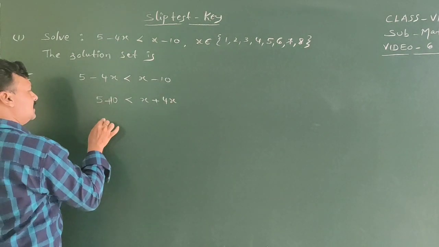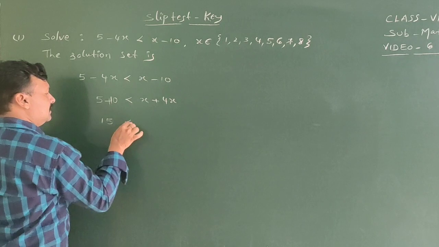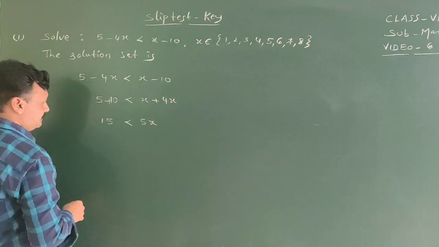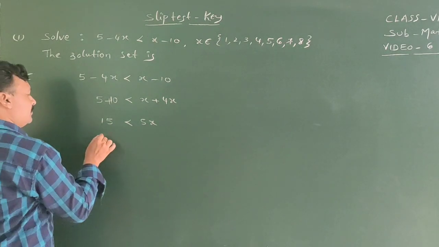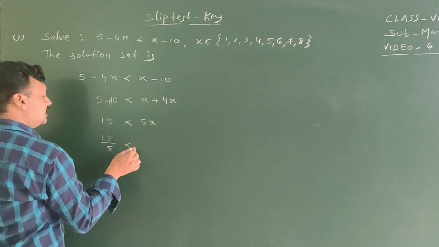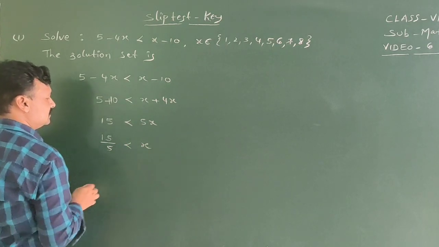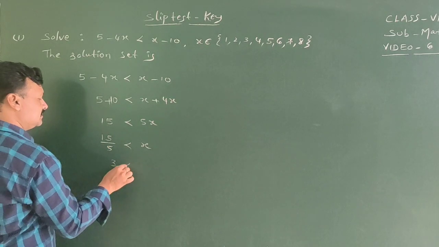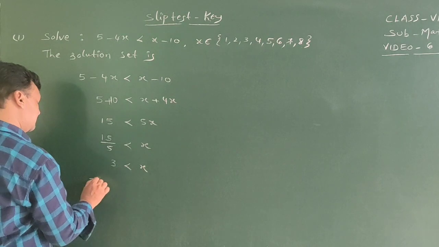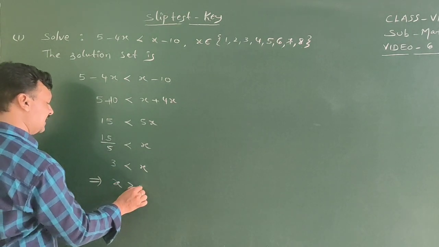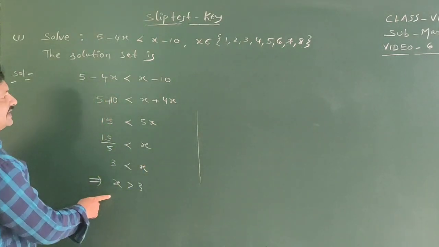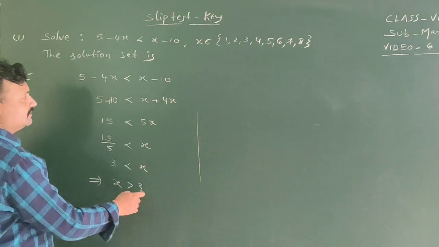Here 5 plus 10, 15, less than x plus 4x, 5x. Send this 5 here, it becomes a divisor. 3 less than x is nothing but x greater than 3. From the given replacement set, x greater than 3.